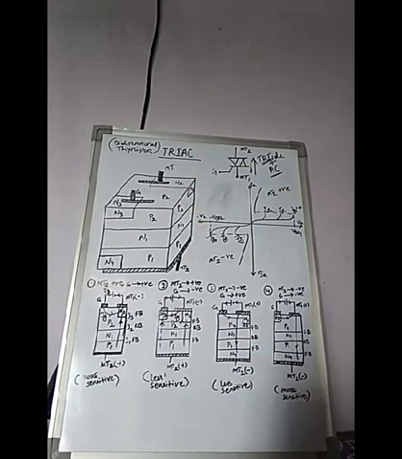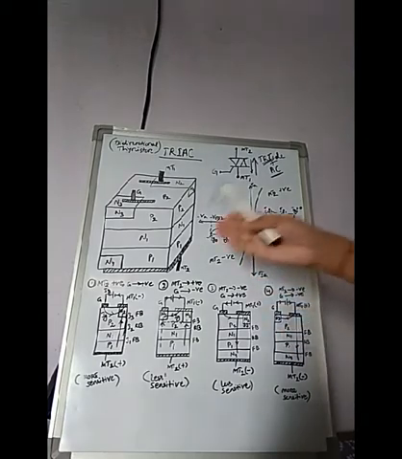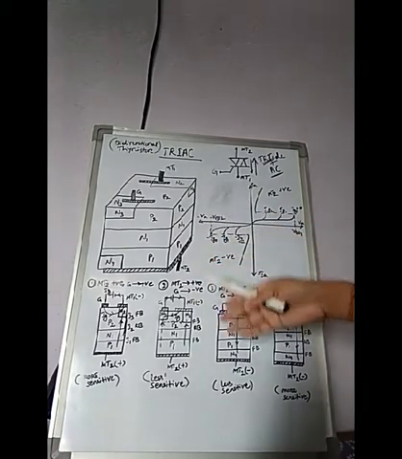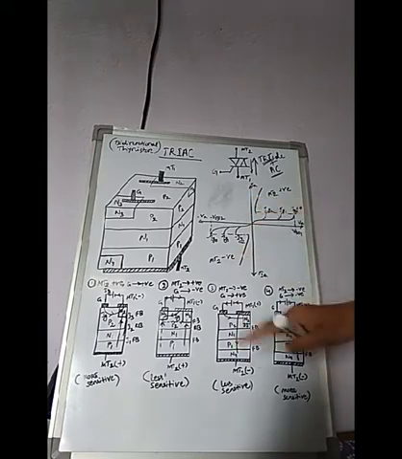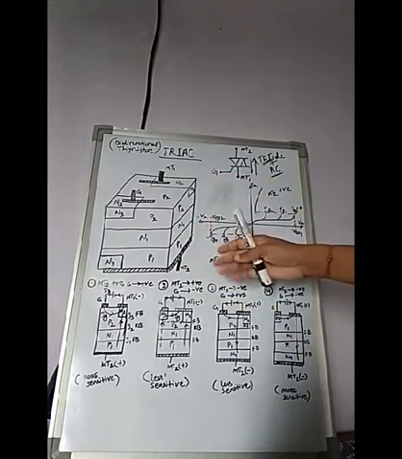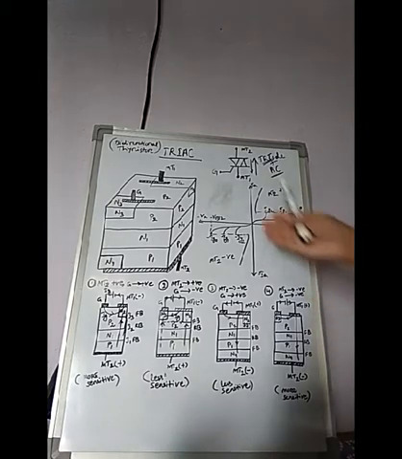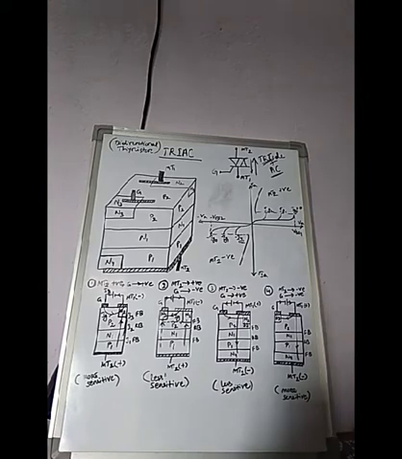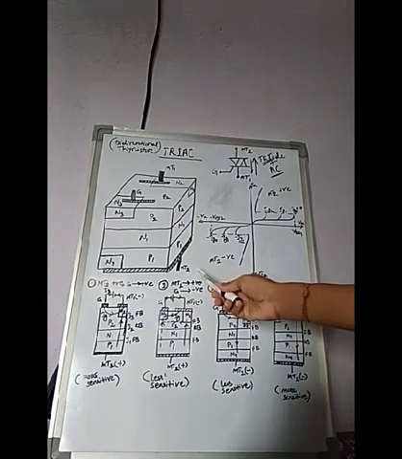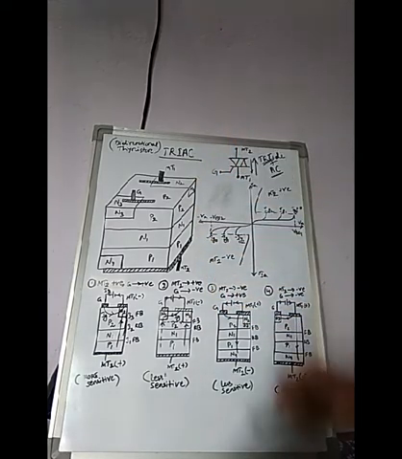Now we will study the operation of the triac, and throughout studying this operation we will clearly understand the VI characteristics of the triac. This triac mainly has 4 operating modes. First of all, we will apply MT2 positive with respect to MT1 and we apply a positive gate signal.